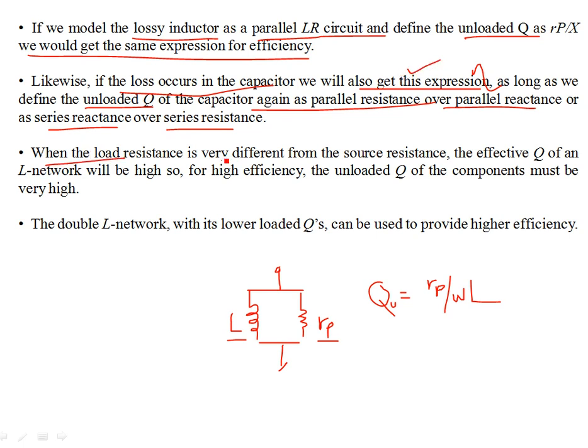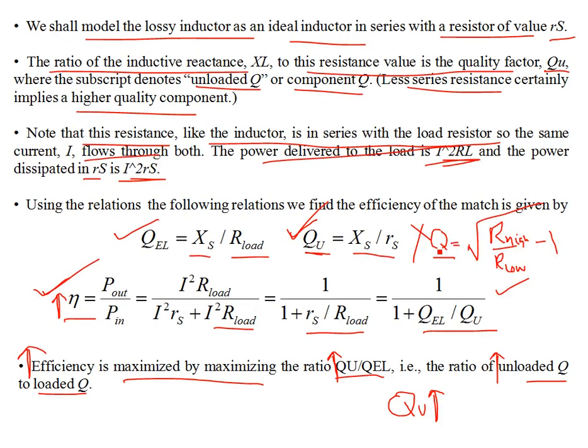So when the load resistance is very different from the source resistance, the effective Q of an L network will be high. So for high efficiency, the unloaded Q of the components must be very high. If the ratio or the difference between the source resistance and the load resistance is large, you're going to have a very high Q match.